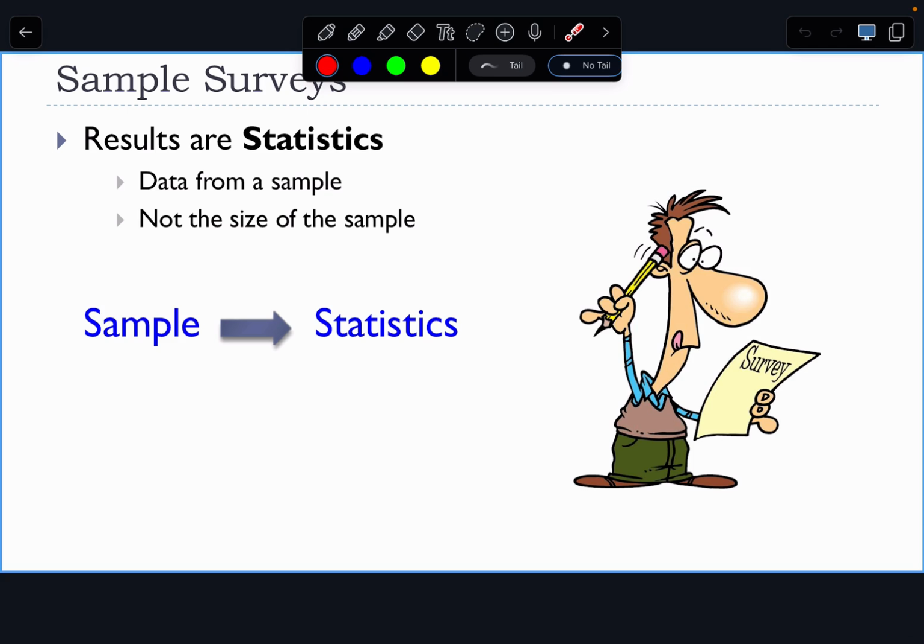I would collect some type of sample of a much smaller number of students. I would measure their heights, and I would calculate the average for that sample. Now, that value that I calculate should estimate the true average height of students at the school. That's my statistic. So I collected a sample, I measured a value, and I'm going to use that value to estimate what the true population value would be.